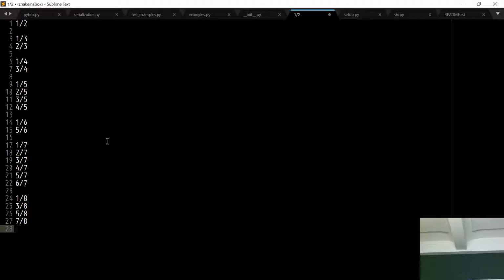But other than that, we don't have to do any kind of lookup, right? We only have to go through the primes up until this limit here.